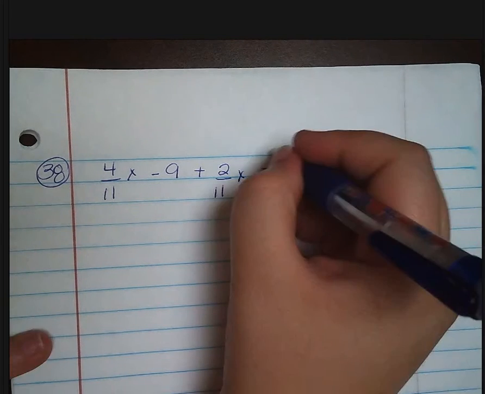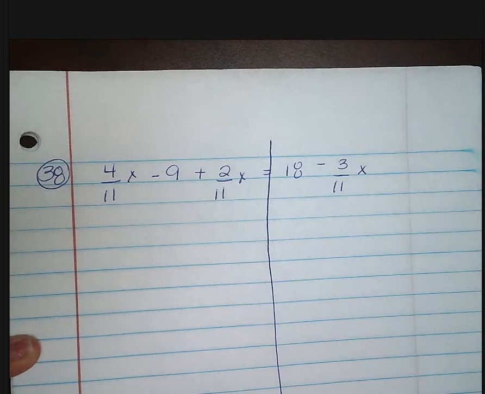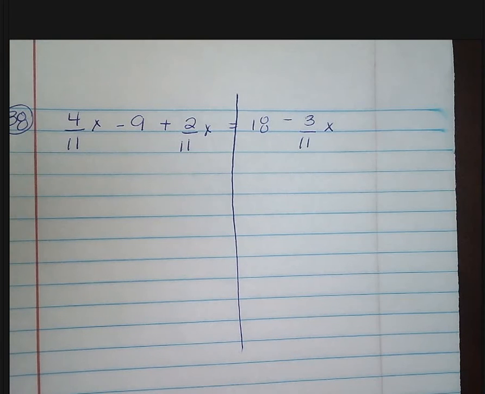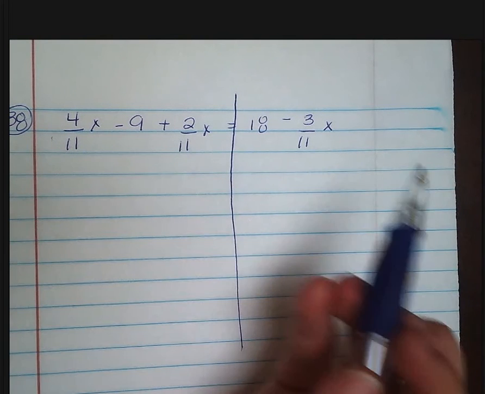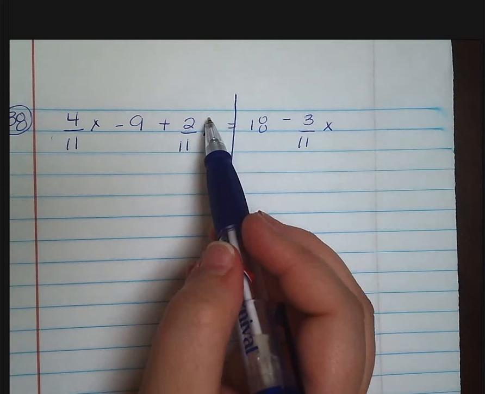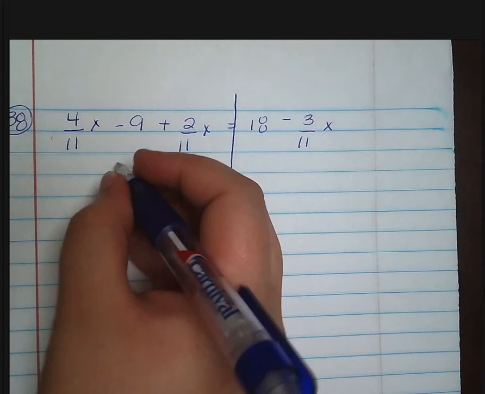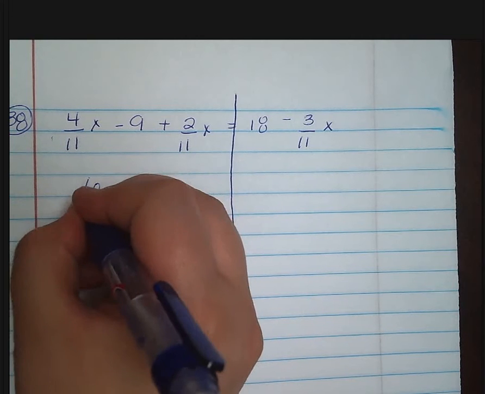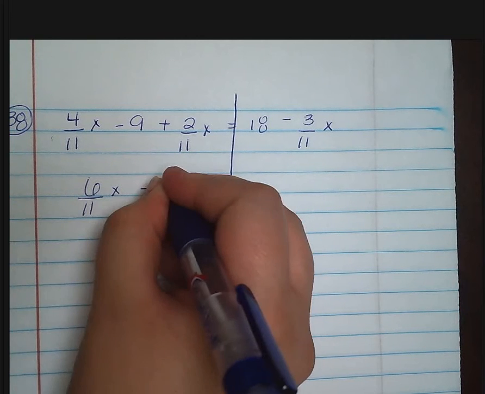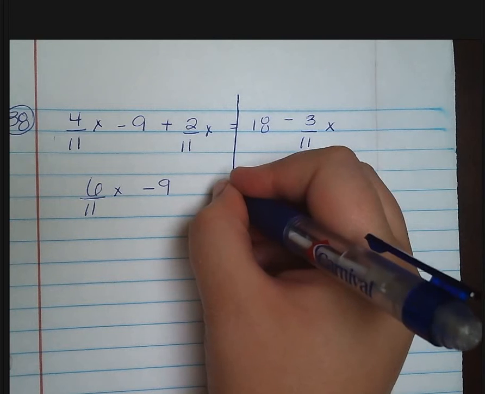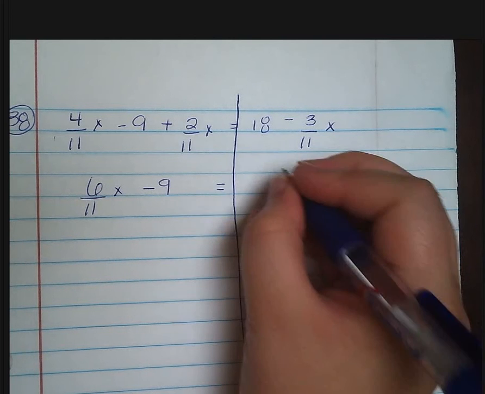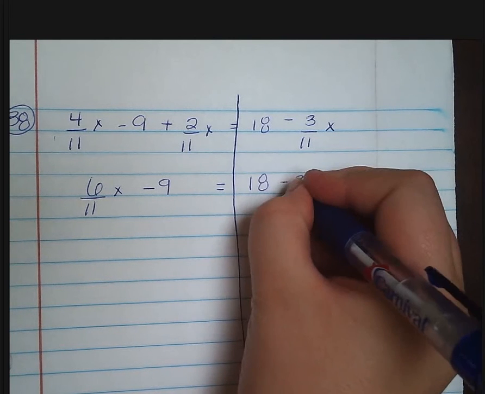I'm going to draw my line through our equal sign so we don't get confused as to what our sides are. There are no parentheses, so the next step is going to be to combine your like terms. Well, we have a 4 over 11 and a 2 over 11. When we add those two together, that's going to give us a 6 over 11x minus 9 equals 18 minus 3 over 11x.